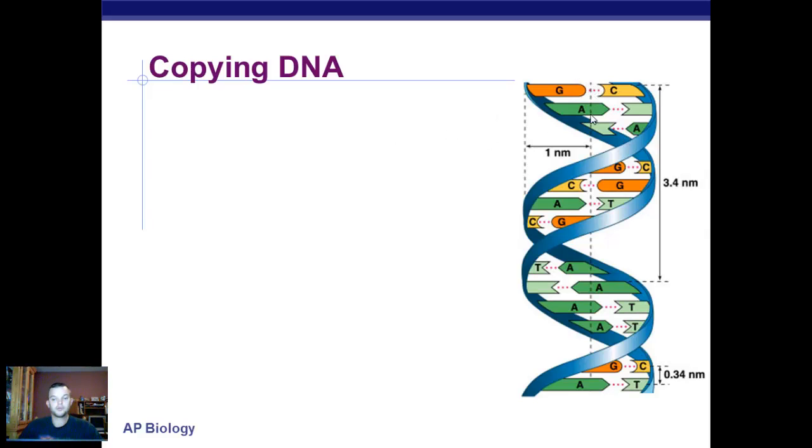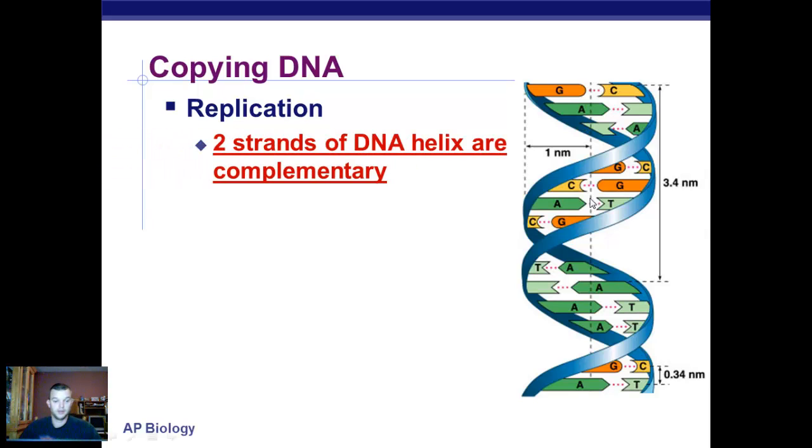So let's talk about replication just very briefly. When we talk about replication, really it's nothing more than the copying of the DNA. And what you're going to see is the two strands of the DNA that get made in replication are going to be identical to one another in the very end. DNA is what we call a complementary structure, so that means the one side is complementary to the other side.